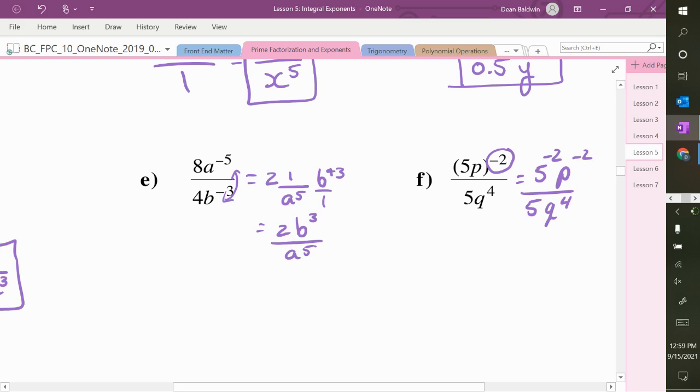Put them where? In the denominator. So if you take everything out of the top, what's left up top? What number? 1, yes. So it's 1 over. You have a 5 and a Q to the 4, and then these two, 5 squared, P squared. When you put them into the denominator, they become positive.